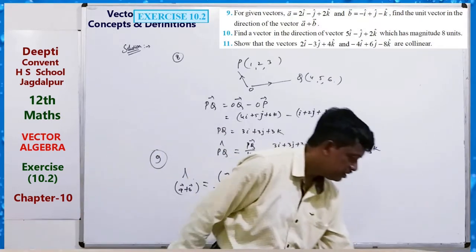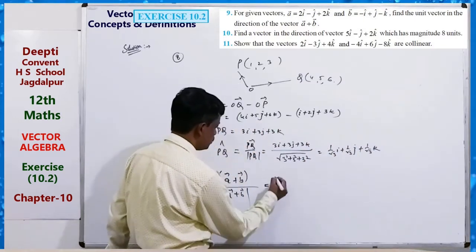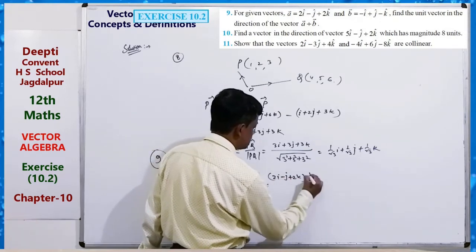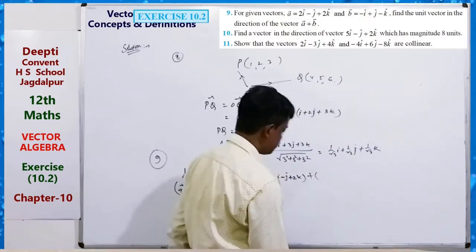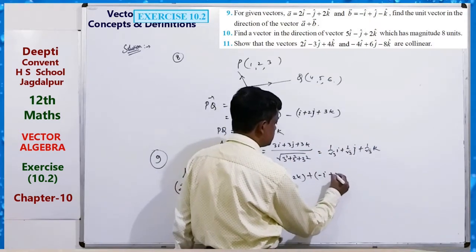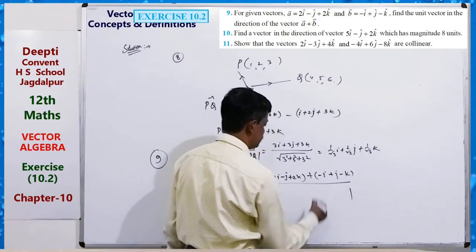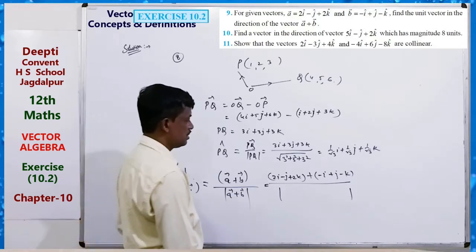First, sum these 2 vectors, then find its modulus and divide by it. So 2i minus j plus 2k plus the other vector, minus i plus j minus k, upon the modulus of these 2.